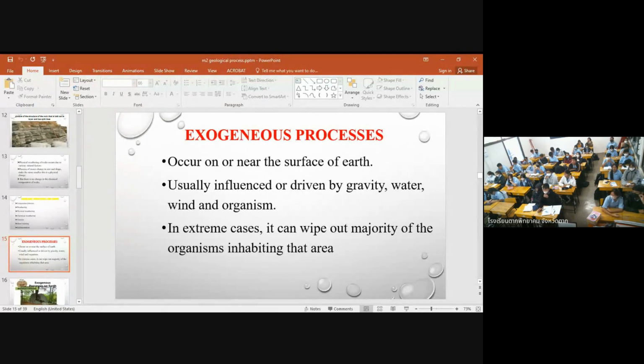It says that exogenous processes occur near the surface of Earth. They are usually influenced or driven by gravity, water, wind, and organisms. In extreme cases, they can wipe out the majority of the organisms inhabiting that area.